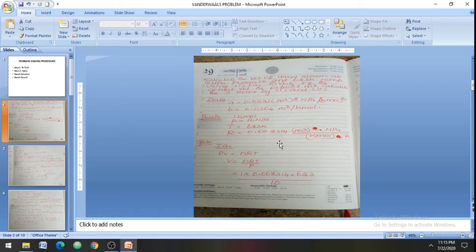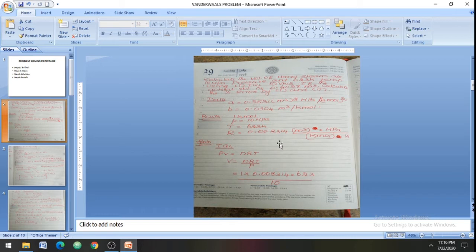Next step, solution. This step is a major step. In this step, write the formula to solve the problem. So first question, ideal gas law. Calculate the volume using the ideal gas law.